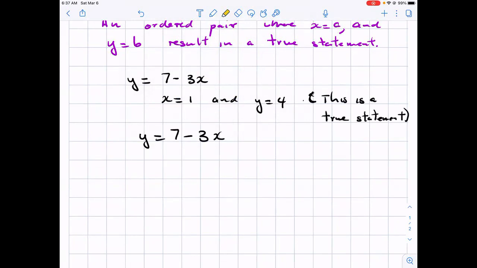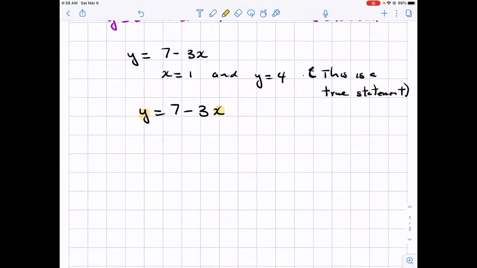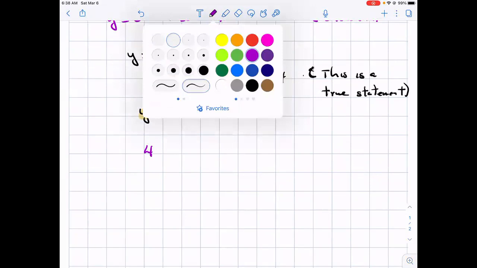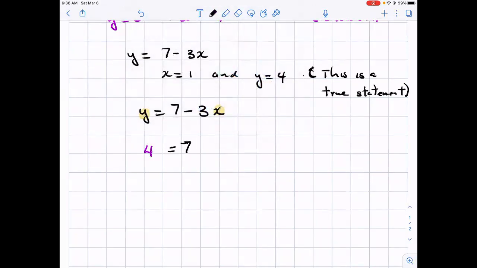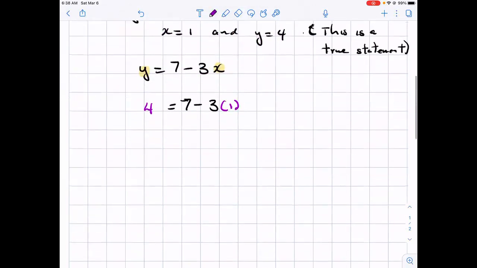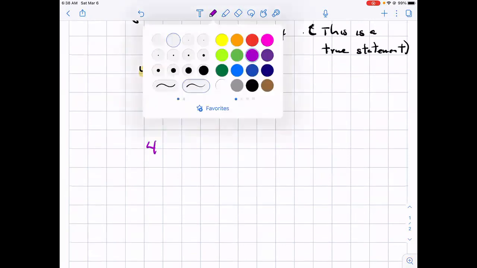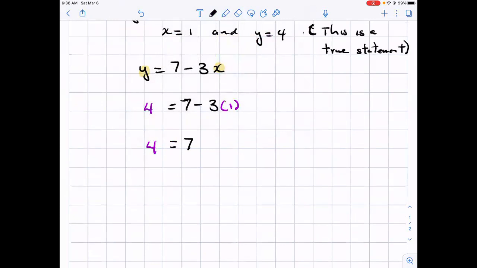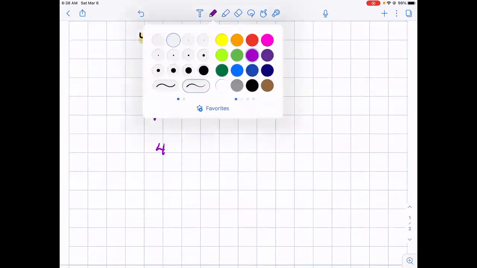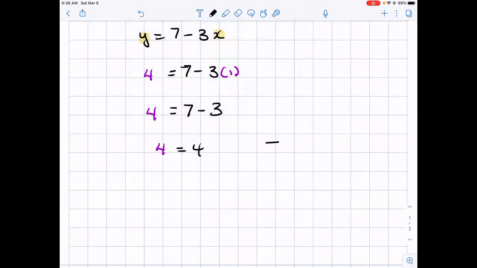If we take out the x and the y and replace them, y is 4, so now we have 4 equals 7 minus 3, and if we replace x with 1, then we'll have 4 is equal to 7 minus 3, and we will have 4 equals 4, and this is true.